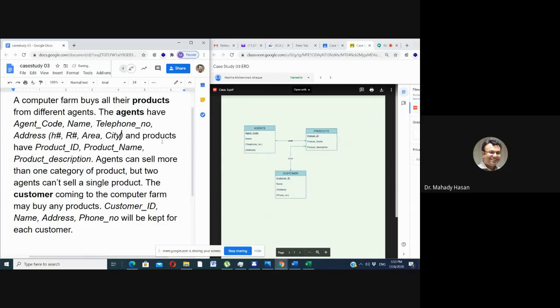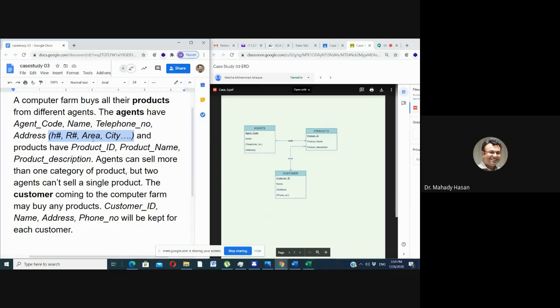You have to put the components within the bracket, but address itself should not be within the bracket. Okay, sir. Understood. It was not mentioned here that address is composite, but yes, you can consider address as a composite. There is no problem. What about agent name?